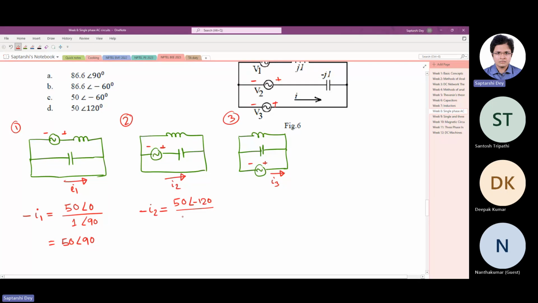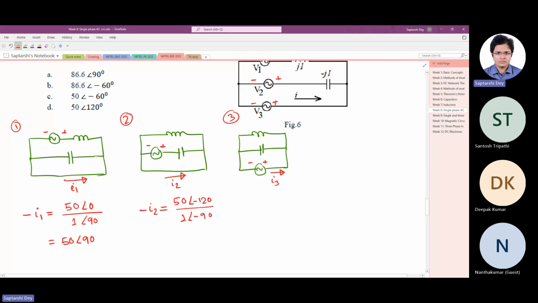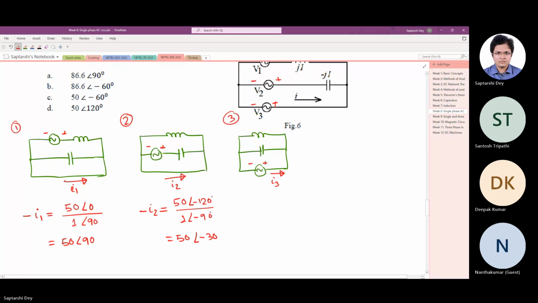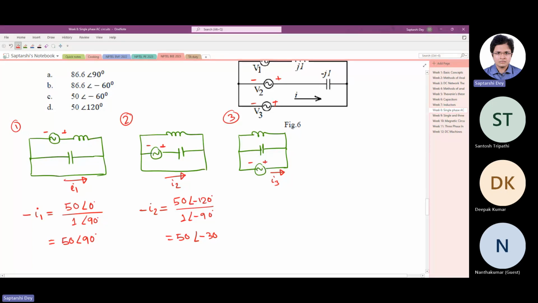So 1 angle minus 90, minus j1 is 1 angle minus 90. So it comes out to be 50 angle minus 120 plus 90, that is 50 angle minus 30. All are in degrees. This and I3.